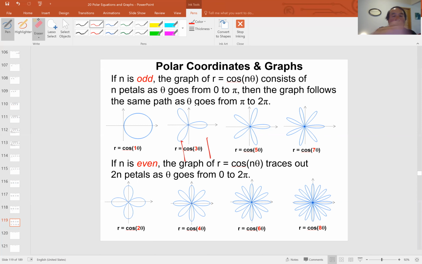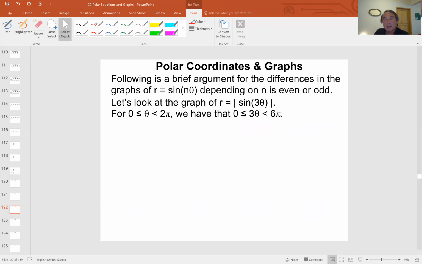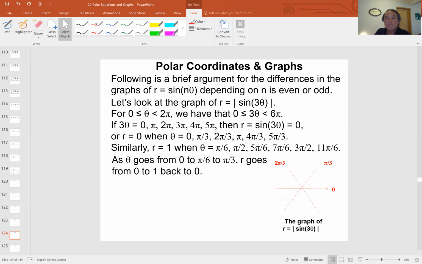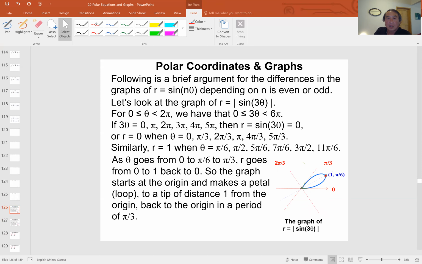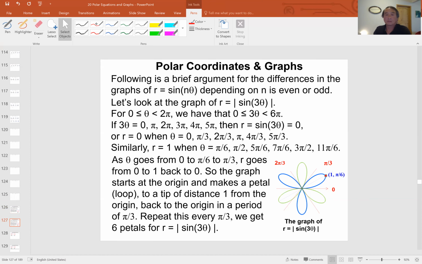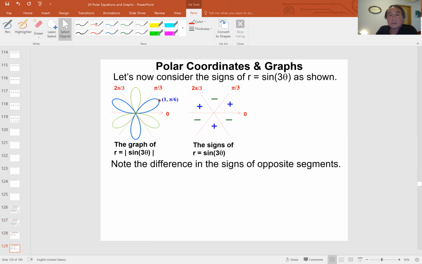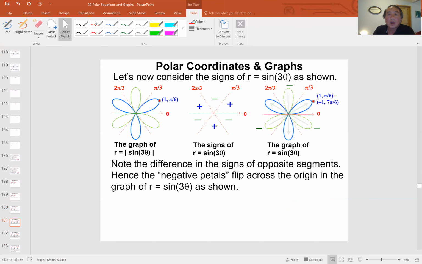The reason for cosine and sine of even angles is the following. Let's look at sine of 3 theta. If I put an absolute value sign around it, I will get 6 petals. However, if I remove the absolute value sign, then some of these values will be negative.